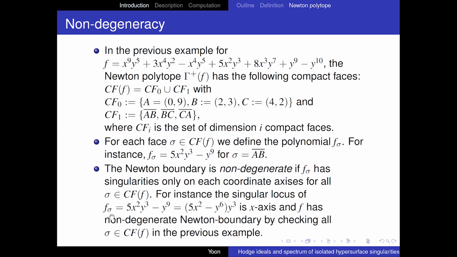So, for instance, f sigma in the previous example has this one, and we factor out y cubed. So the front one, 5x squared minus y^6, has an isolated singularity at origin, and from the y cubed we have a singularity along y equals 0. All the singularities are in the coordinate axis, so it is non-degenerate.